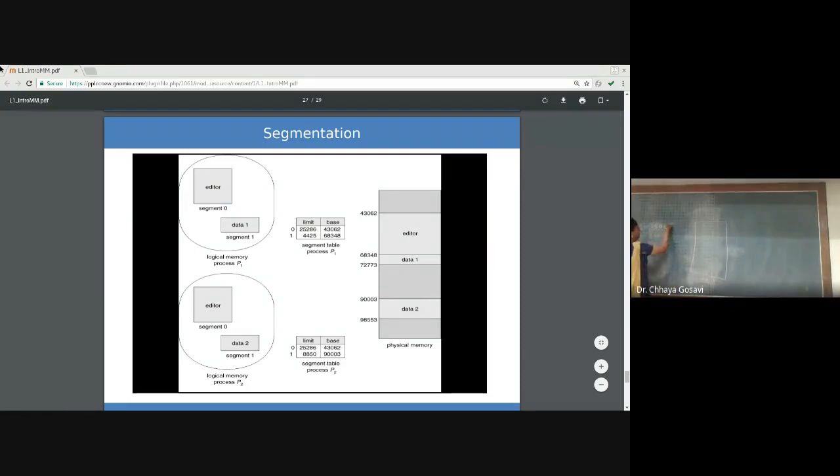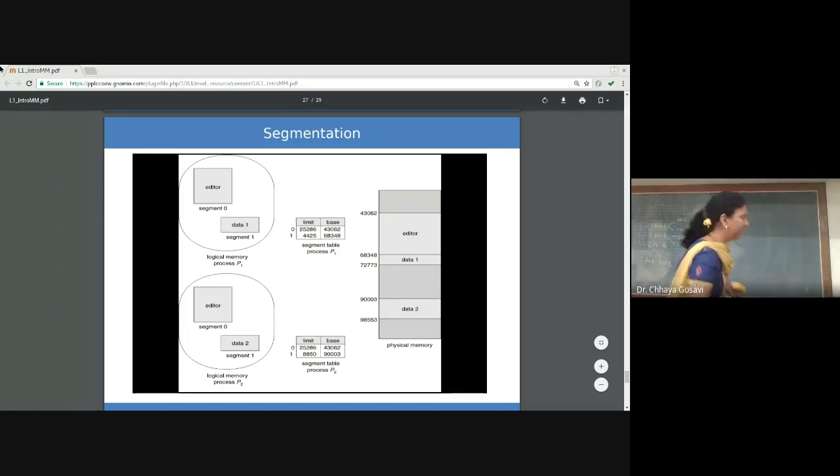Now this process is divided into two segments, say 100K and 50K. This is also divided into two segments, say 120K and 130K. And this is divided into say 80K and 120K. Any size. So this is segment 1, segment 2 for process P1, segment 1, 2 for process P2, segment 1, 2 for process P3.